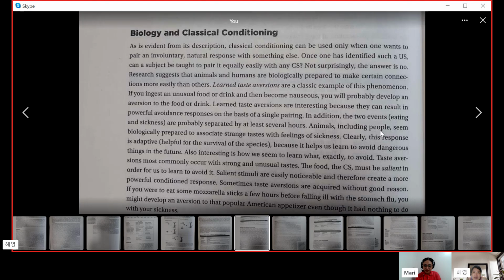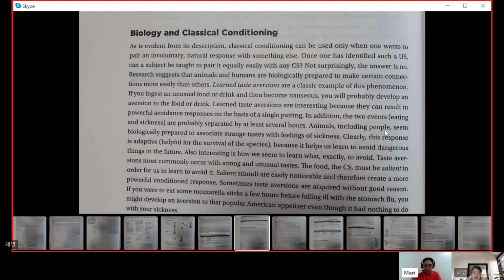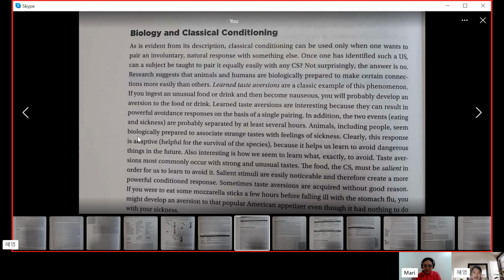Animals, including people, seem biologically prepared to associate strange tastes with feelings of sickness. Clearly, this response is adaptive, helpful for the survival of the species, because it helps us learn to avoid dangerous things in the future.